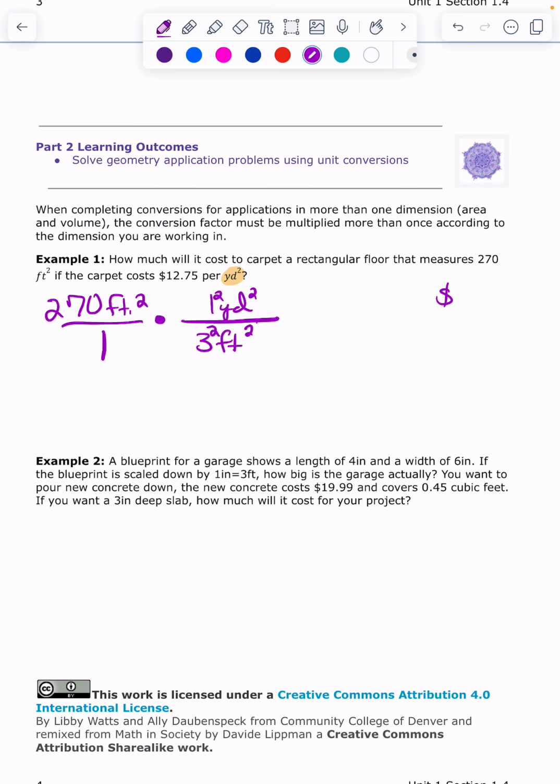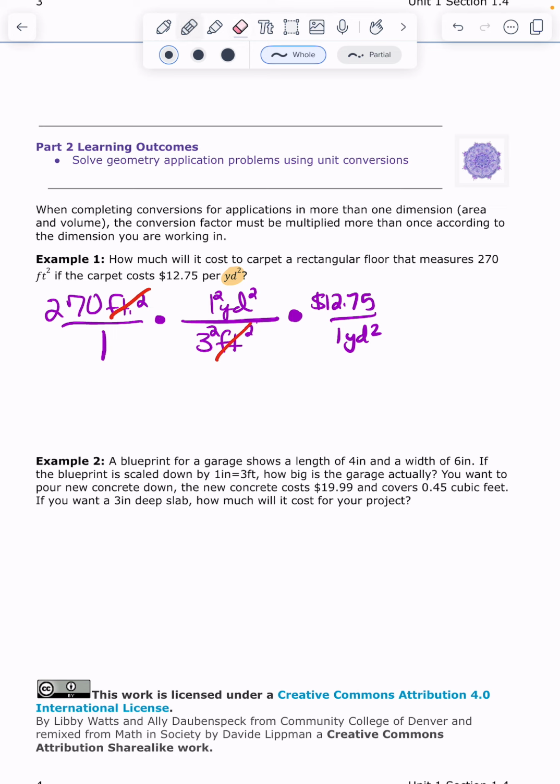And that way, this feet squared gets canceled with this feet squared. So now I can use the price per yard that's given. It's $12.75 per 1 square yard.